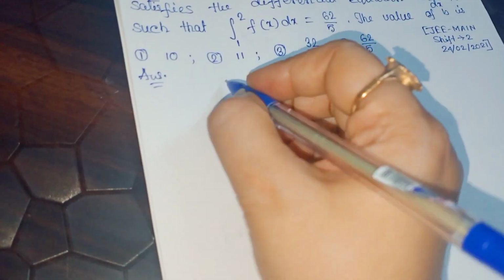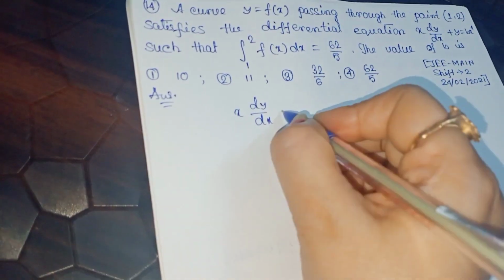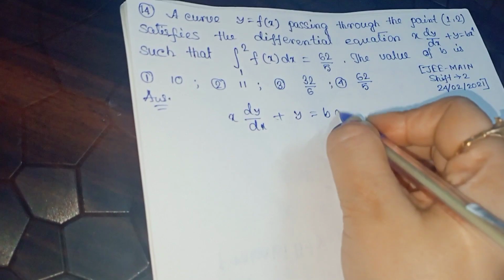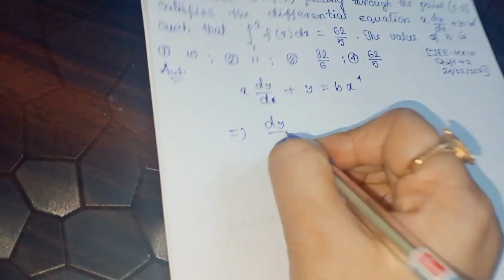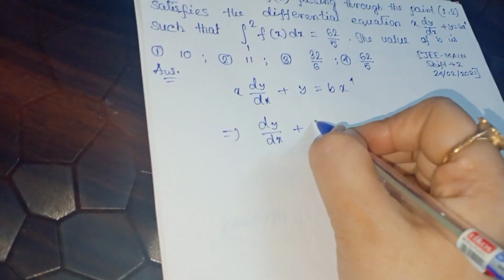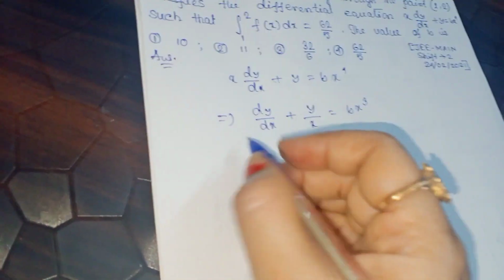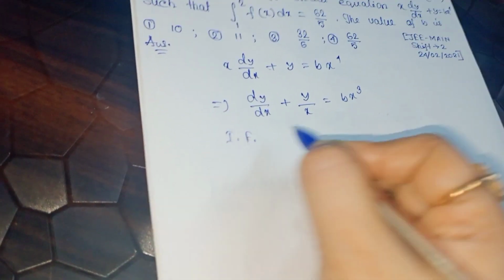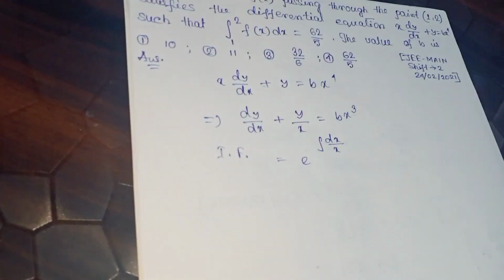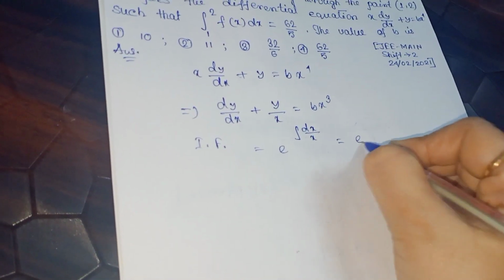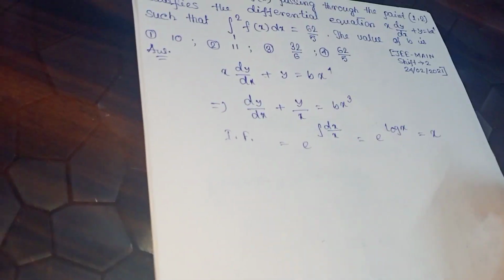The equation is given here, that is x dy/dx + y = bx^4. Now simplifying this, dy/dx + y/x = bx^3. So the integrating factor is e to the power integral dx/x, that is e to the power log x, that is equal to only x.